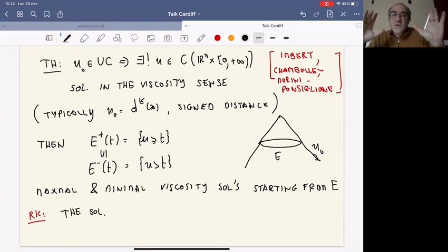What I'm saying here is, of course, the same for the usual mean curvature flow. I'm just extending, but up to now, the proofs are different, but the theory is exactly the same.